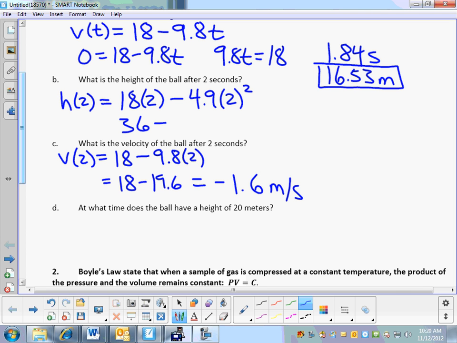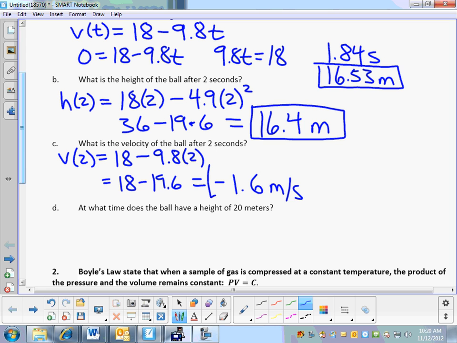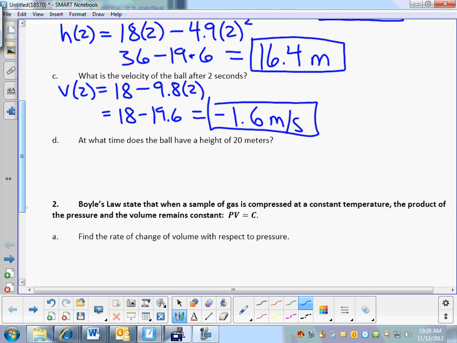We get 36 minus 4.9 times 2 squared is 19.6, which equals 16.4. 16.4 what? Meters. That's our height. That's our velocity. Do they match up? Yep. Does it make sense within context of the problem? Yep.